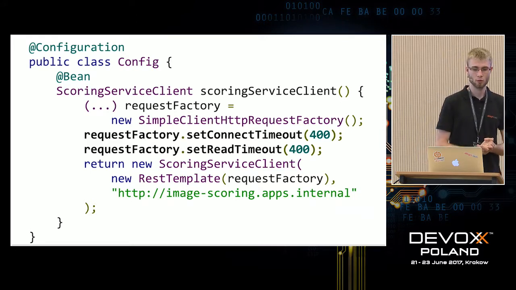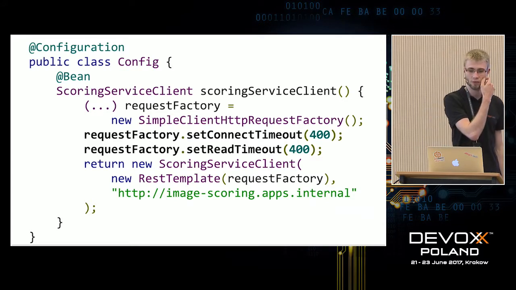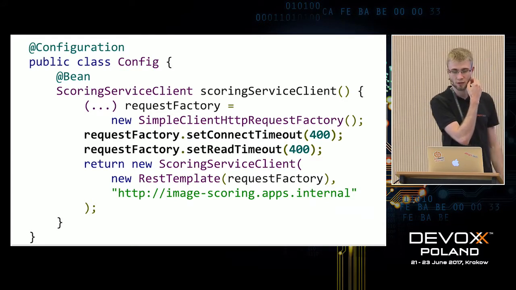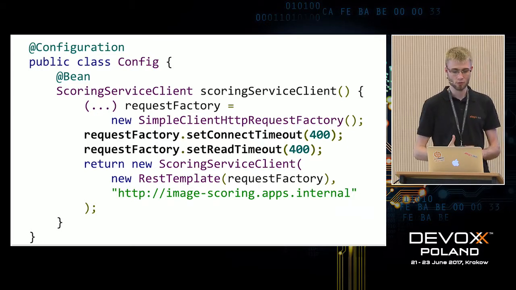In reality, we should probably change the request factory that we have here from a simple request factory to something more complex, like one based on Apache HTTP client, because we probably need connection pools, which we don't have here.